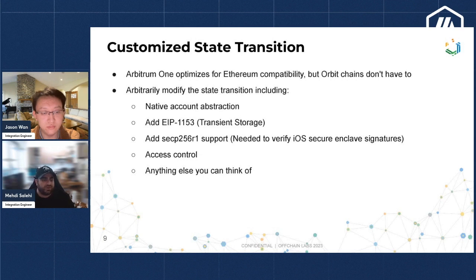For example, some changes you can make to the state transition function could be adding EIPs that people are not agreeing to add to Ethereum right now, changing access control, or adding new cryptography libraries as precompiles, which gives you lots of options.